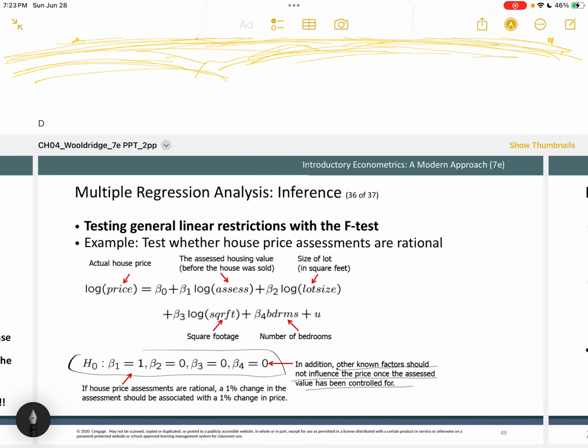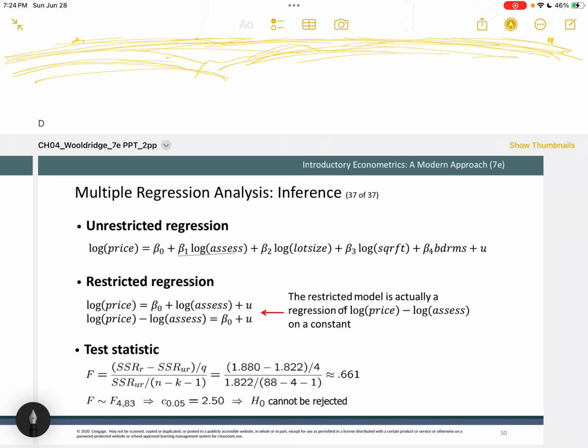So let's do that. The unrestricted regression, which the alternative hypothesis will favor, right? Because the alternative hypothesis will be against this null hypothesis. So the alternative hypothesis will favor the unrestricted regression, where all the explanatory variables are in there.